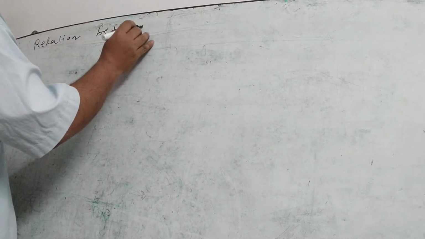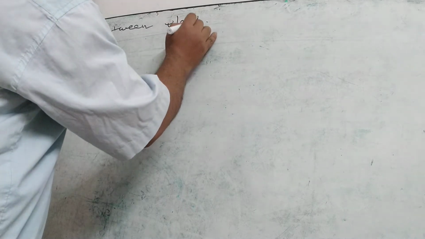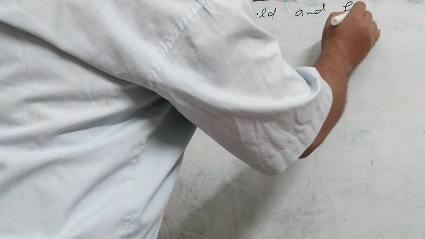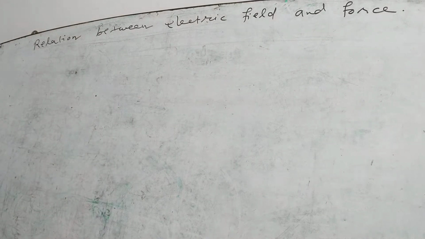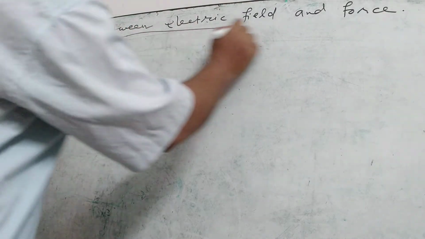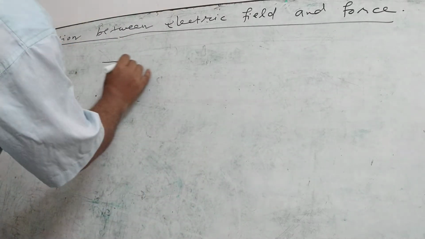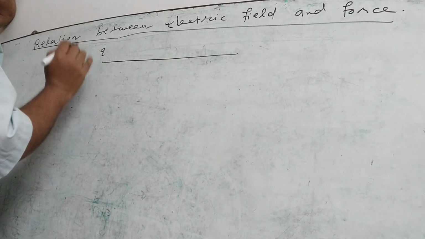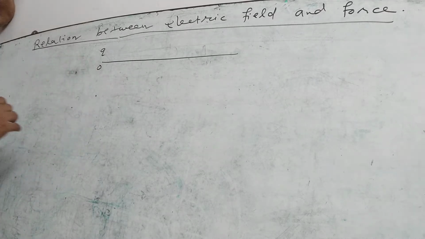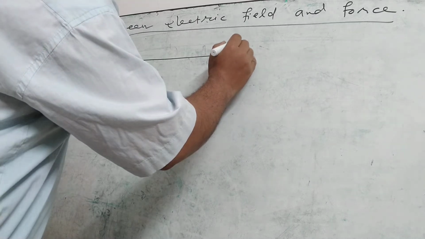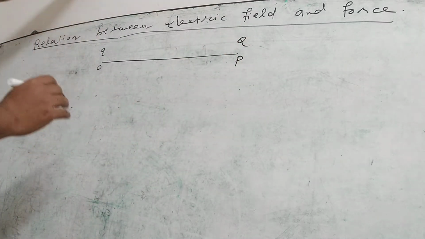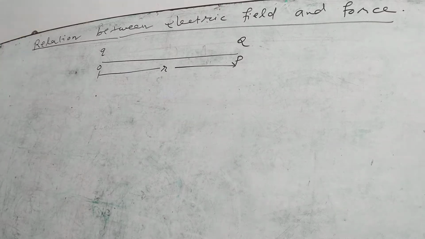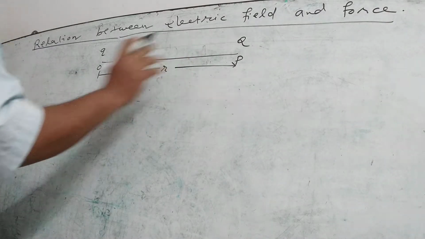Now the point charge Q is placed at O. Another point charge capital Q is placed at the point P. The distance between O and P is R, or the shortest distance between O and P is R.